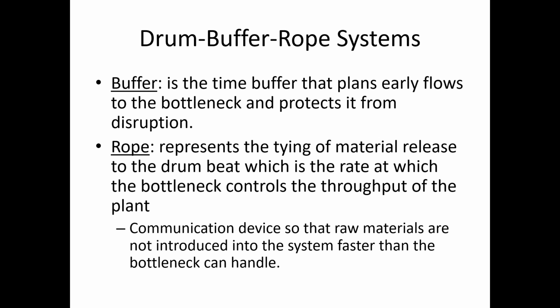This is just the rope. It just means the communication process. How do the different aspects of the product or service that we're creating, the different activities in that, communicate with each other to let the other activities know that, hey, we're a little bit behind, or we're a little bit ahead, or what have you. So it's just a communication mechanism. Okay.